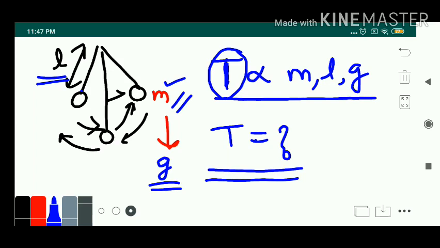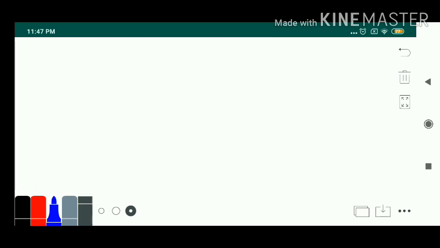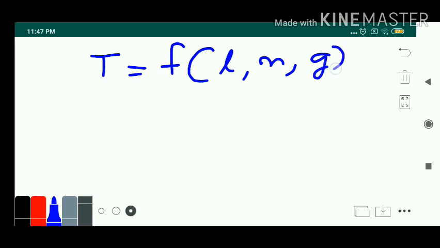We are given nothing else, right? So what can I do? Listen, this is how all the questions have to be handled. On the left hand side you are given t, and you are told the time period of a pendulum is a function of length, mass of the bob, and acceleration due to gravity. Write it as it is.